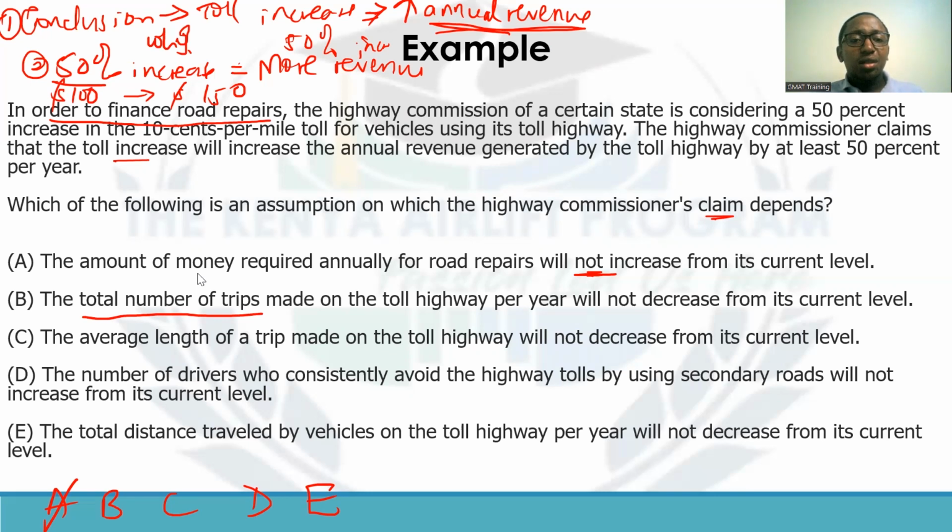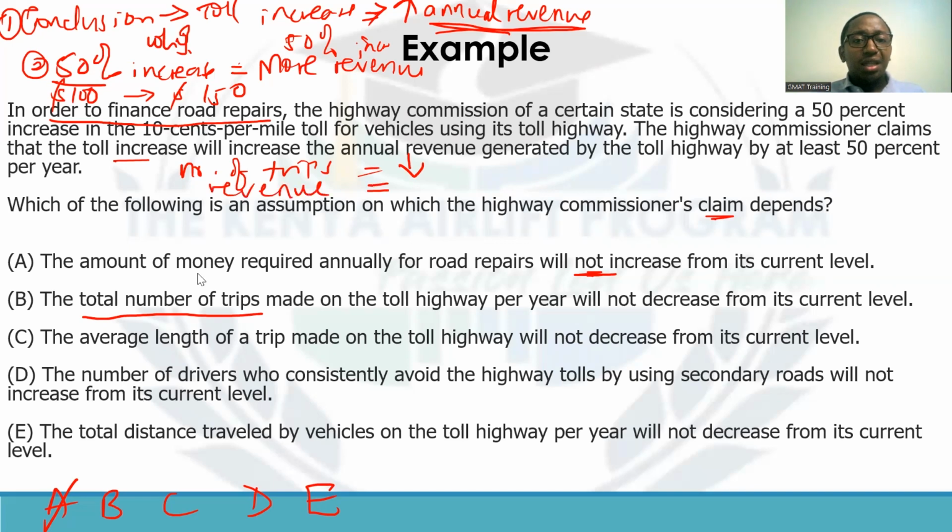Because an assumption is that they will not decrease, so if they decrease, the conclusion should fall apart. But here, notice that we have the number of trips, so they reduce. So what does the revenue do?